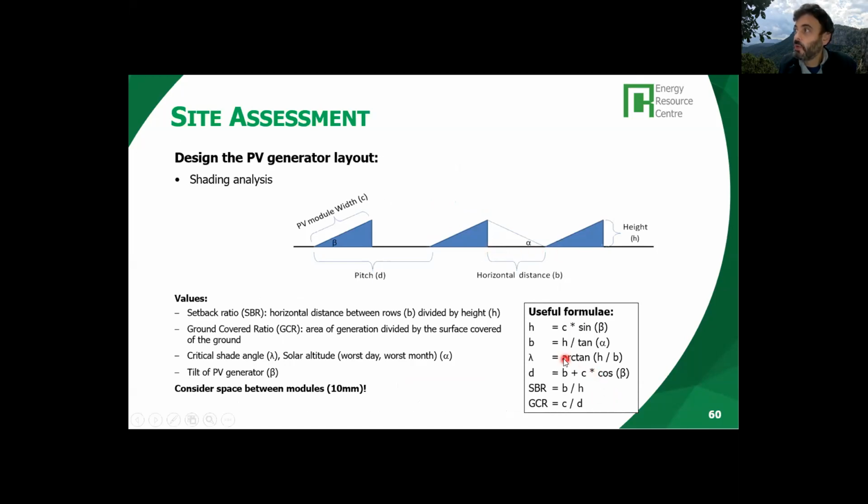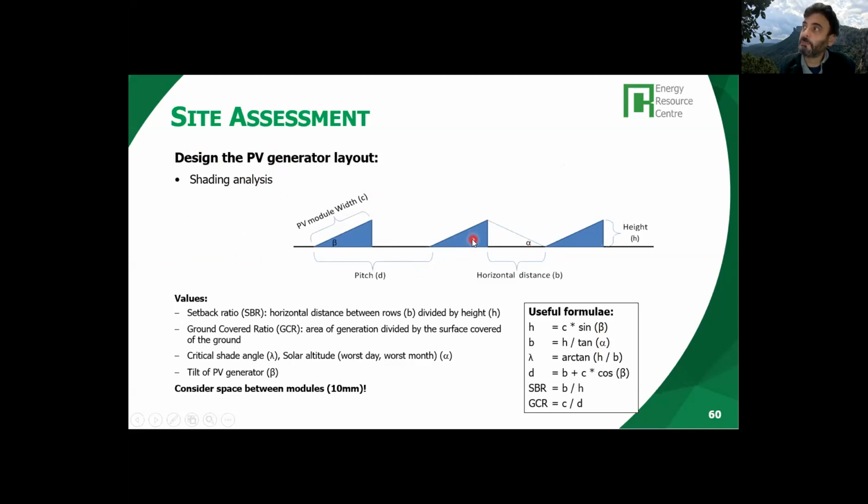Of course, we are taking a minimum angle here, because when the sun comes out in the morning, it's right at the horizon, right? So there will always be a little bit of shading, but as the sun starts rising from the horizon, the shade will start disappearing, and then at some point the sun will be illuminating the whole panel.